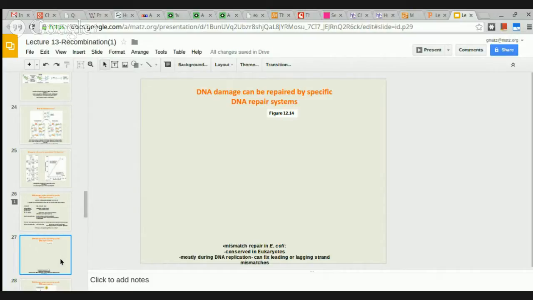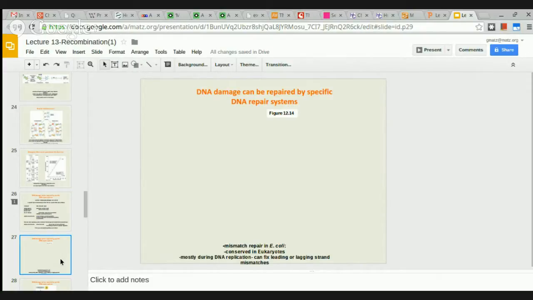Essentially, how it works is the mismatch is detected by a complex called MutS and MutL that recruits another molecule called MutH, which will perform a nick in the strand that's damaged, recruit an exonuclease, and digest that strand, and that allows for the polymerase. And this can occur in the leading or lagging strand, slightly different modalities, but that can be re-replicated and religated in DNA replication.